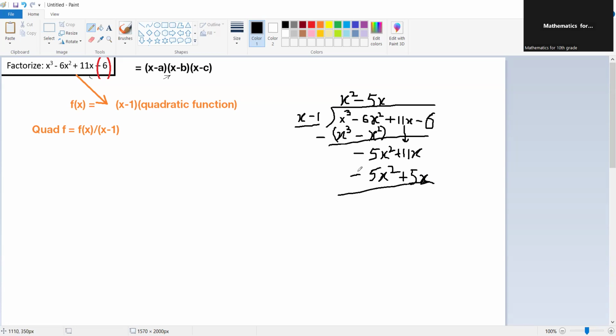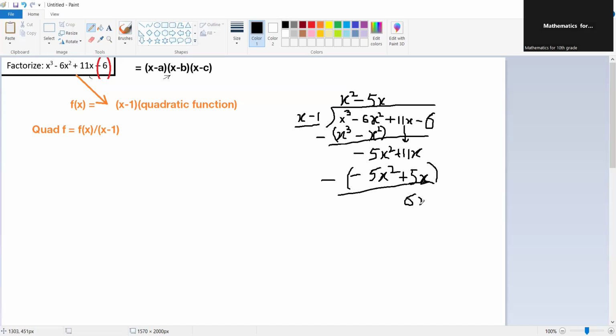And when we subtract the whole thing from the top, which is minus 5x square plus 11x, minus 5x square and plus 5x square would be 0, and 11x minus 5x would be 6x.